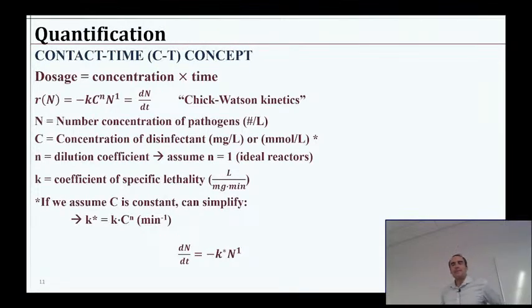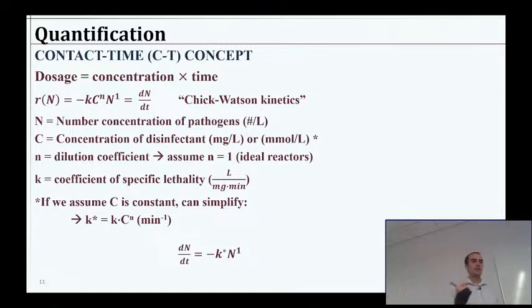Okay, the way we design our dosage for disinfection is on the basis of our mass balance. A mass balance in terms of the number of bacteria that are there and how effective chlorine is against that particular organism.